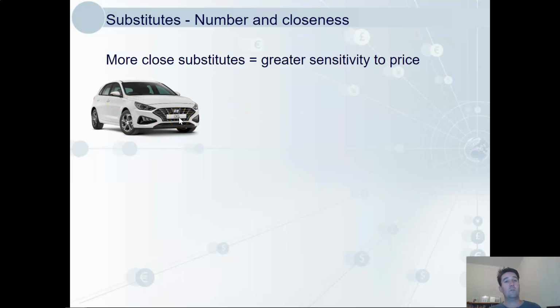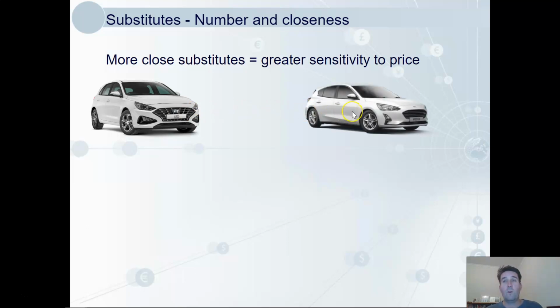If the price goes up, do you have options? Yes. There are a number of close substitutes, such as the Ford Focus or Toyota Corolla. Consumption can easily be switched, meaning that demand may be relatively responsive or elastic to the price hike. Price of the Hyundai i30 goes up, demand will drop significantly because I can switch to a close substitute.